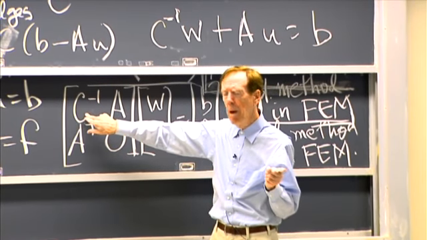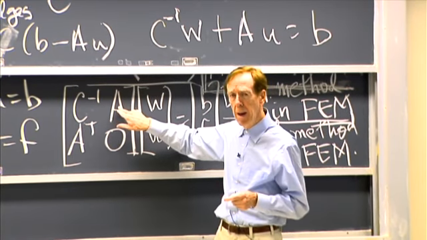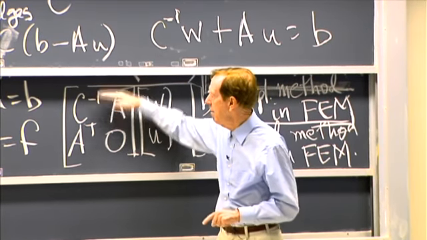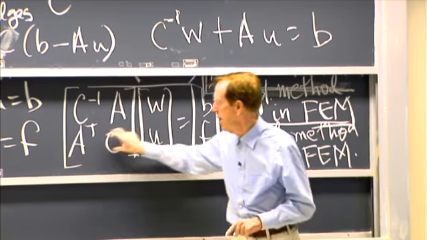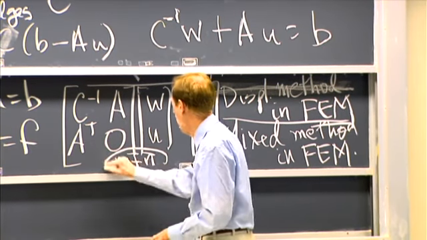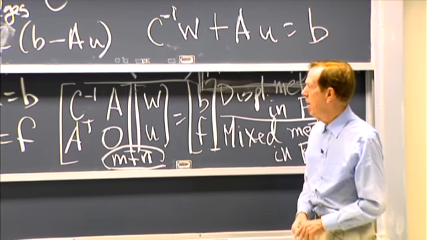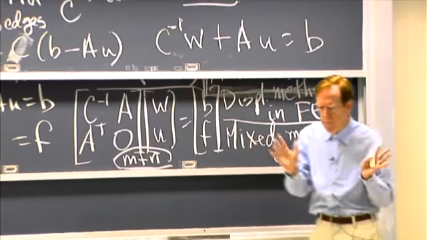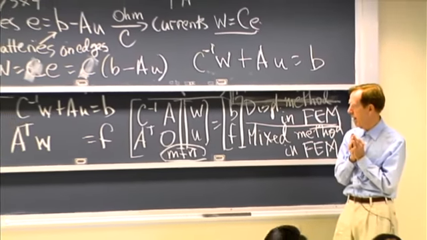M by n. What's the size of A? M by n. So what do I have here? I've got m rows and m plus n columns, and there's n more rows. It's of size m plus n. It's got the n U's and the m W's, of course, m plus n, the natural size.